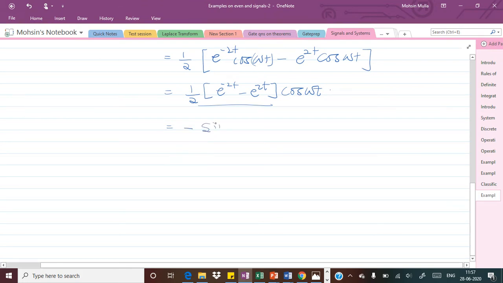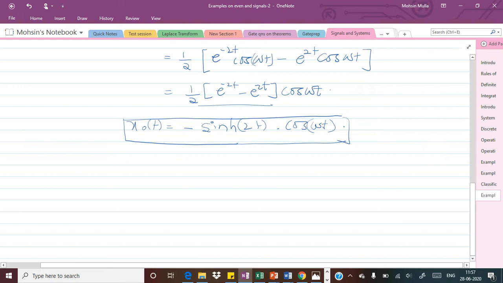Therefore, with the minus sign, it is minus sinh of 2t into cos omega t. This is xo of t, the odd component of the given signal x of t.